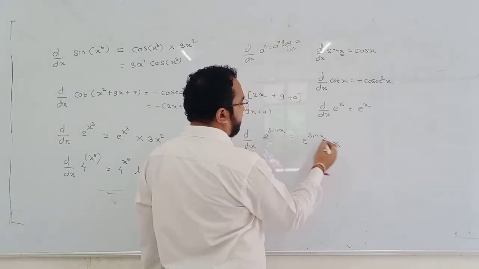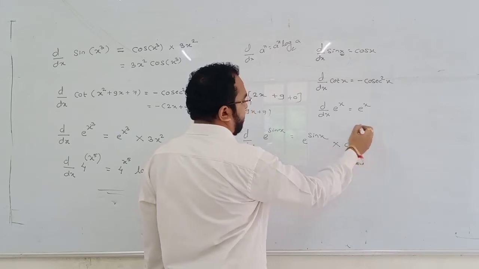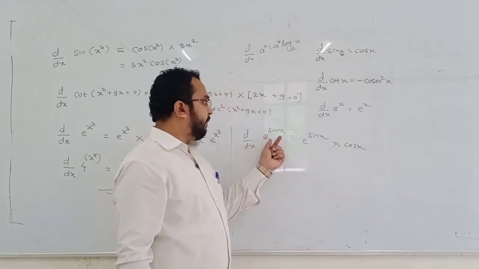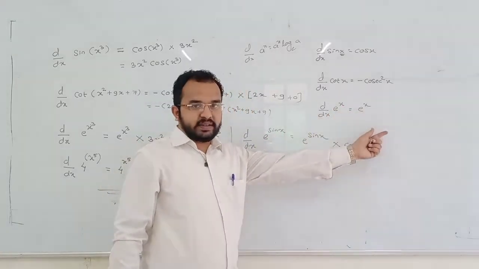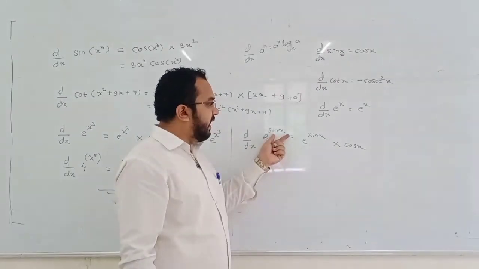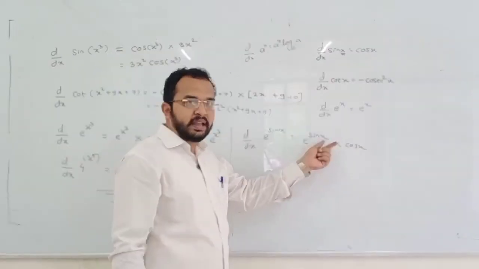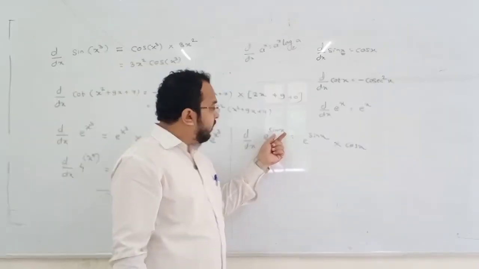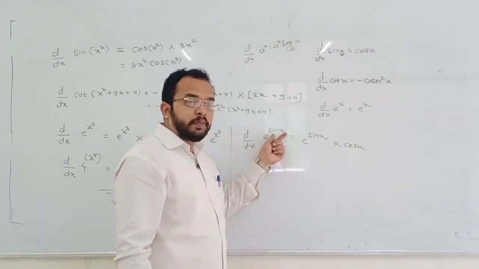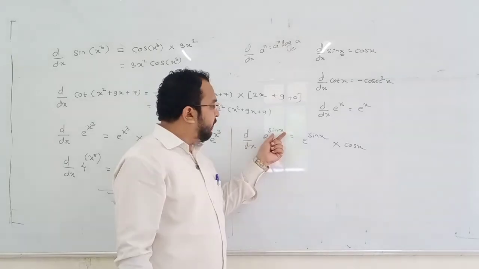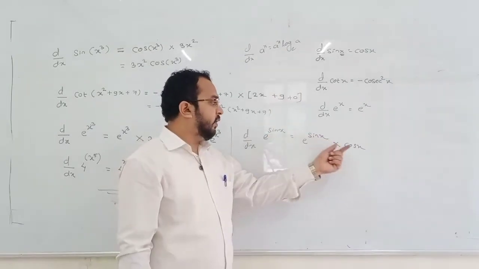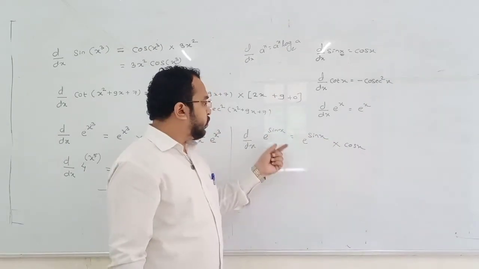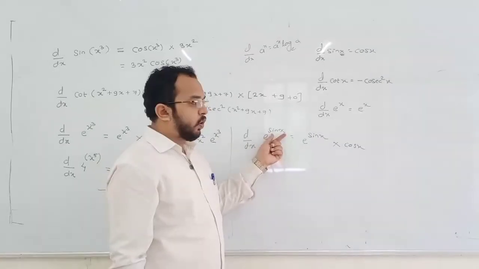What is the differentiation of sin x? It will be cos x. So, differentiation of e to the power sin x will be equal to e to the power sin x into cos x.